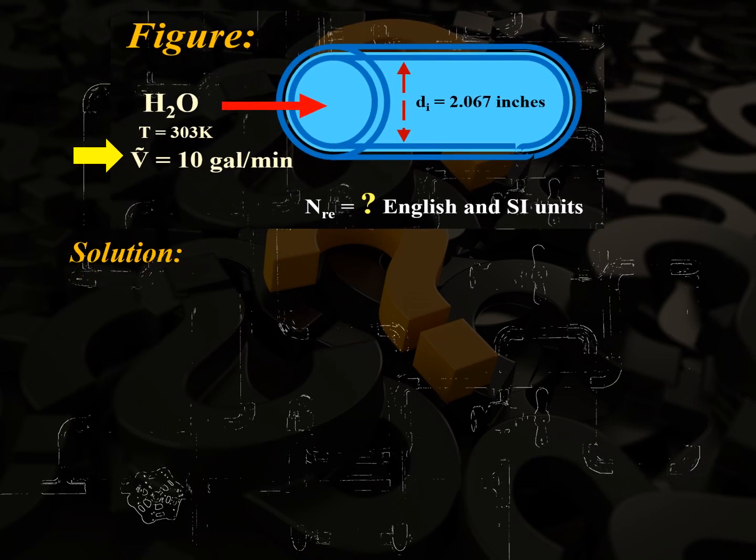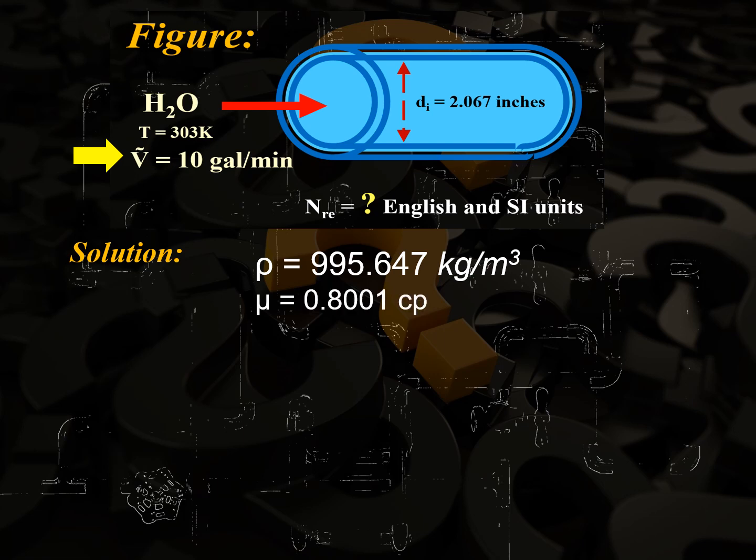Recall also that the density we obtain from the tables of densities of pure liquids is 995.647 kilograms per cubic meter. This value does not need conversion, so we go to the viscosity mu, which is 0.8001 centipoise.